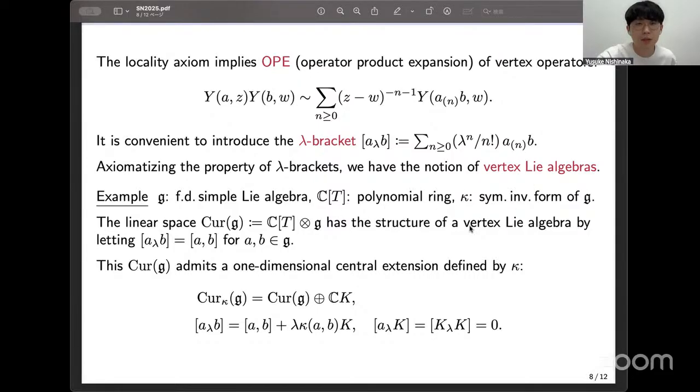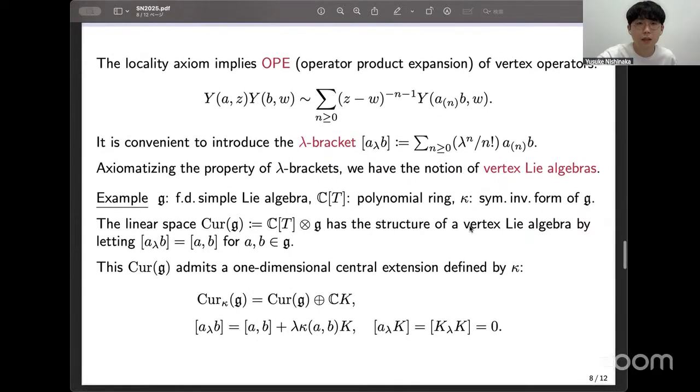Vertex 3 algebra is a vector space equipped with linear transformation T and the lambda bracket, which satisfies certain conditions like the algebras.